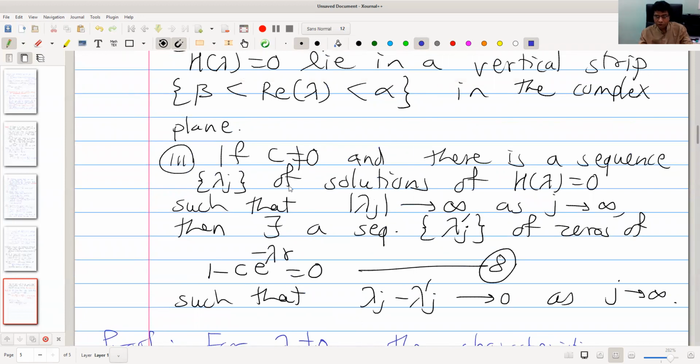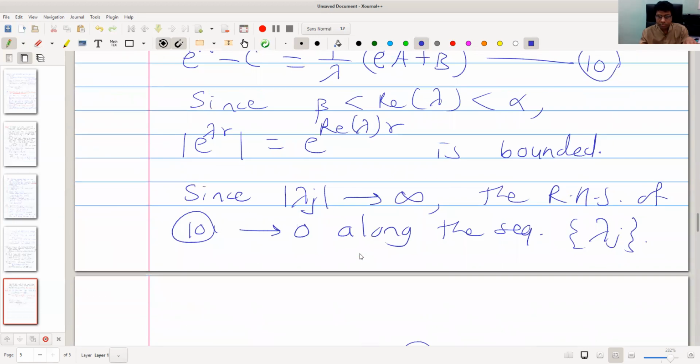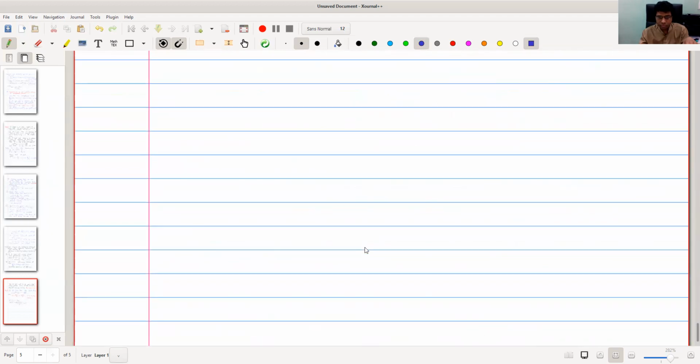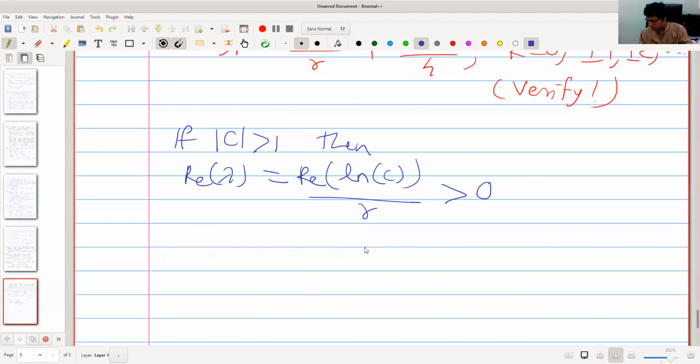Okay, here c is non-zero, so we are relating with this equation. Therefore, by lemma 1, there are infinitely many solutions.